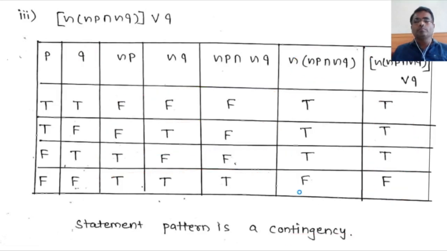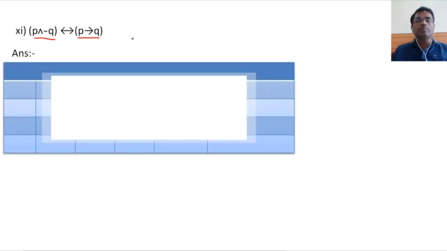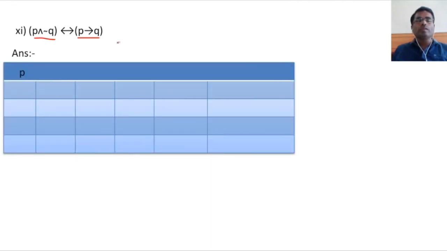Next example, that is P and negation Q, double implies P implies Q. We have already seen this example previously also. Suppose we consider P as values true, true, false, false, then Q has values true, false, true, false.